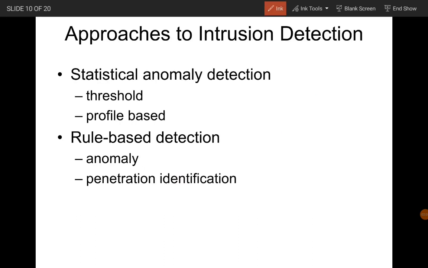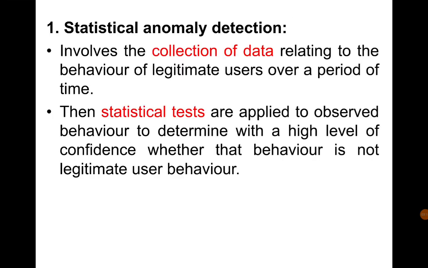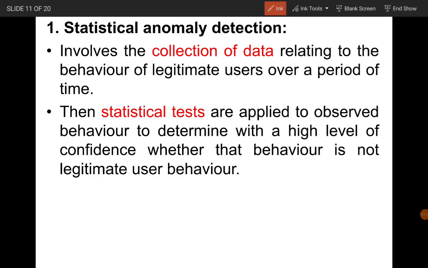Under statistical anomaly detection, we have two methods: threshold detection and the profile-based method. And under rule-based detection, we have anomaly detection and penetration identification. What is statistical anomaly detection?